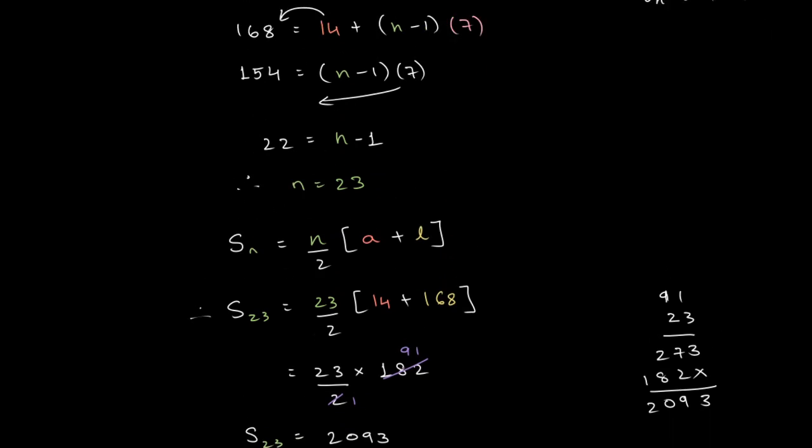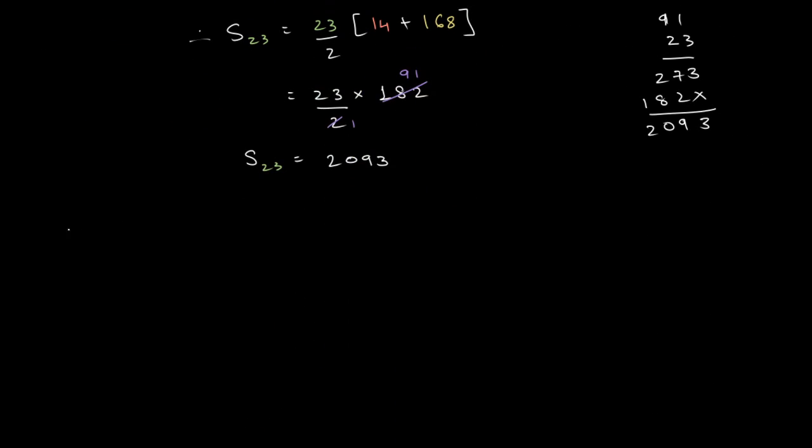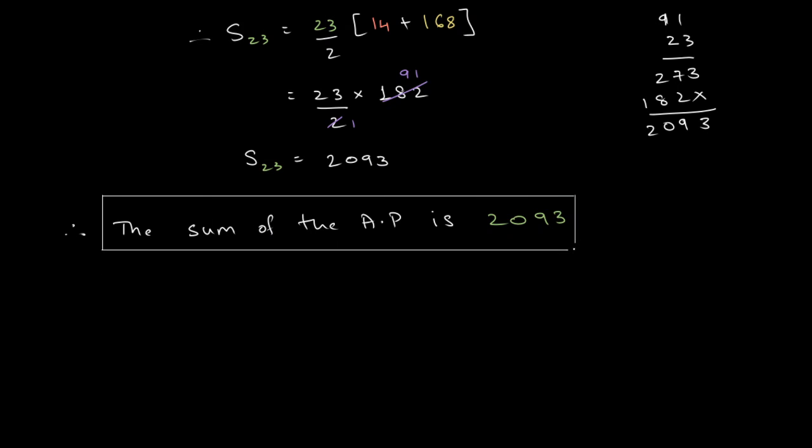All right. So the question was find the sum of the AP. My answer will be, therefore, the sum of the arithmetic progression is 2093. This is my final answer in the rectangle.